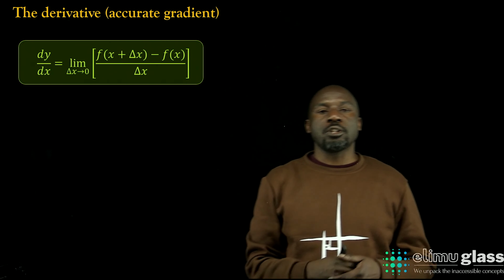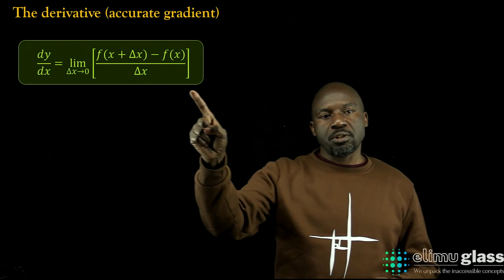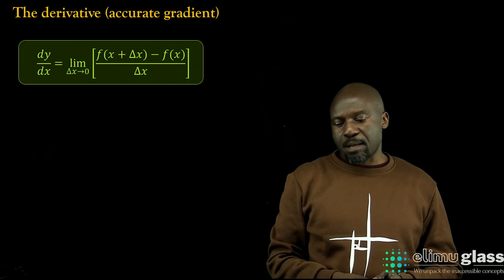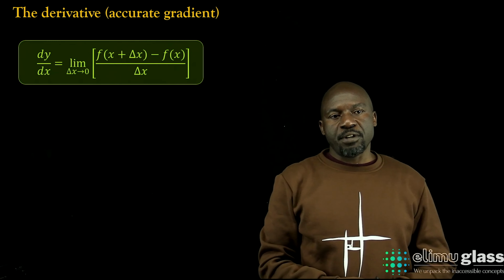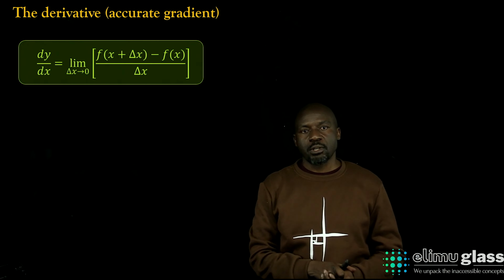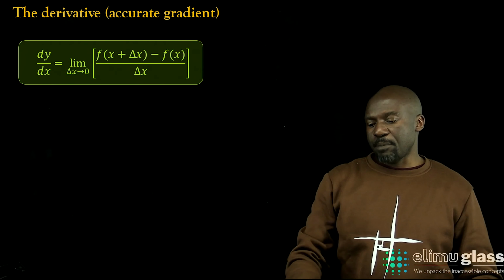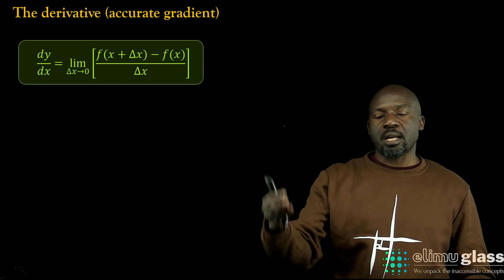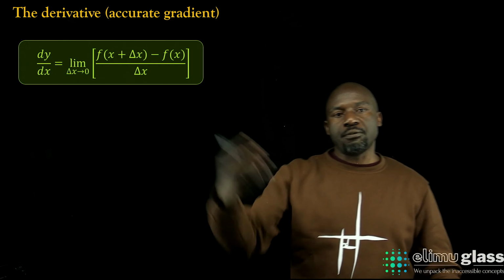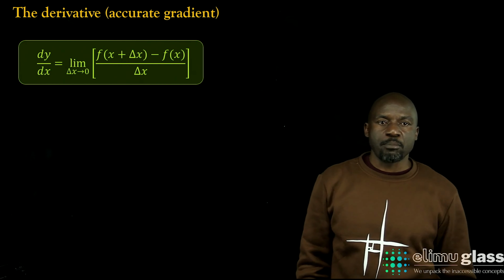In the next lesson, we'll talk about how to use this relationship to find some specific derivatives for certain functions, okay? I hope you've understood this, but we will be looking at a real application of this relation that we've come up with.